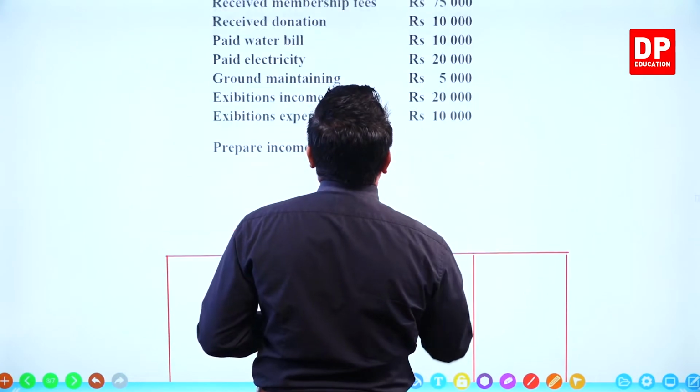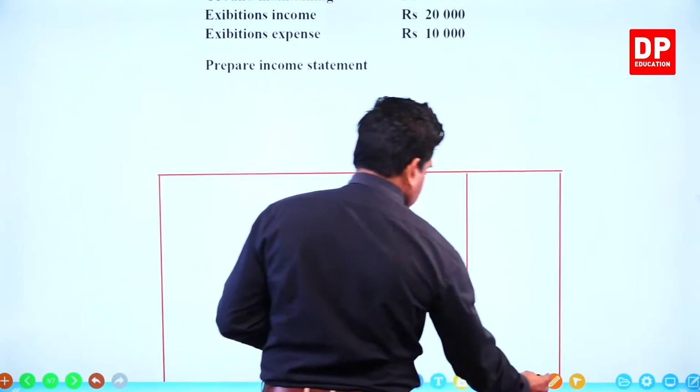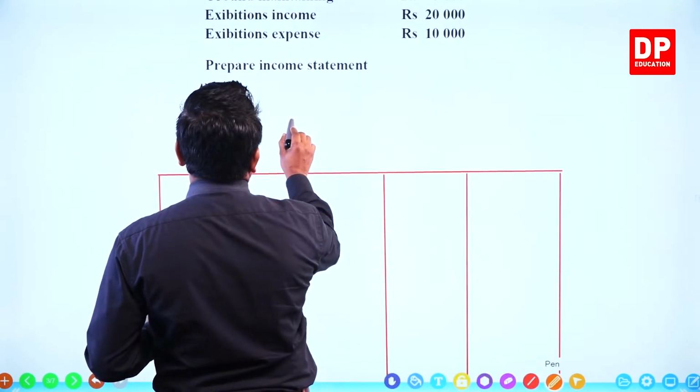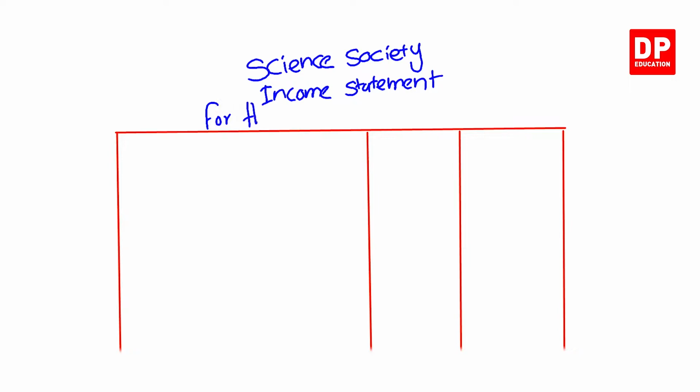First you write on the top what? Name of the organization, Science Society. Income statement for the year ended 31st December.